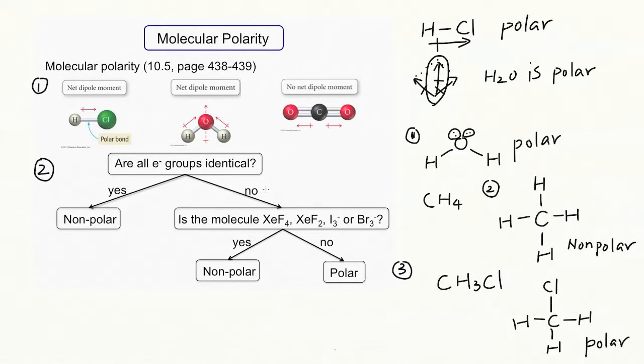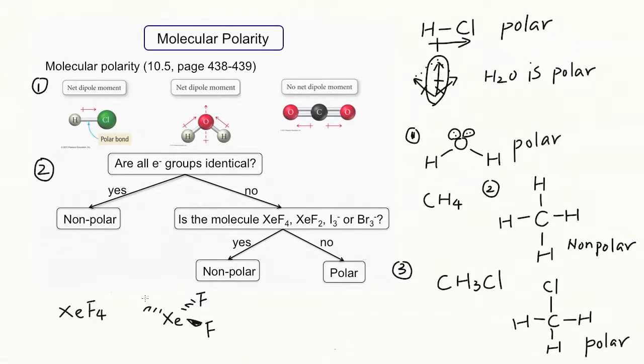Now, the question is xenon tetrafluoride. If you use the flowchart to find out whether xenon tetrafluoride is polar or nonpolar, you need to draw the Lewis structure first. Xenon is the central atom, and you have 4 fluorines. Okay, my bad, let me erase that.